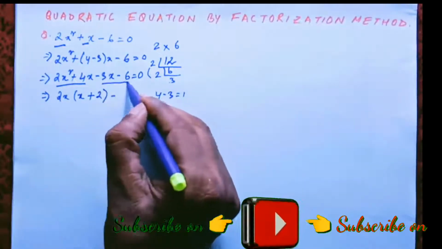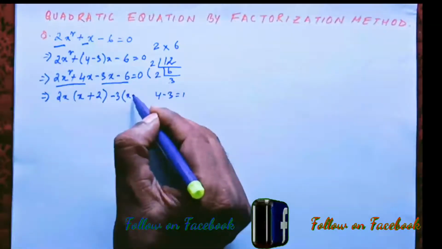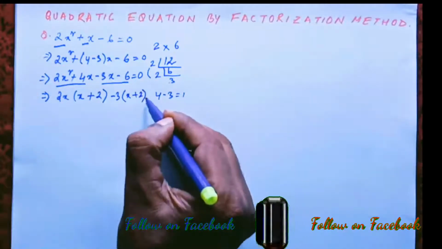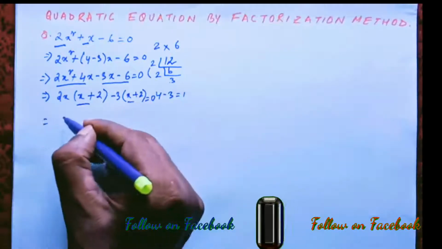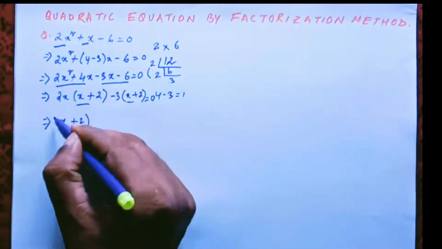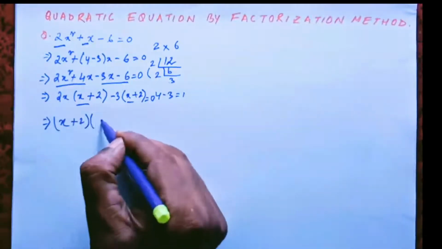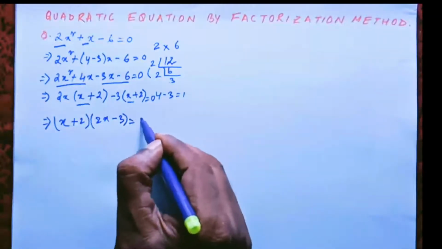From the other two we take common minus 3, into x plus 2 equal to 0. So x plus 2 is common in both, so we'll take x plus 2 common, and we are left with 2x minus 3 equal to 0.